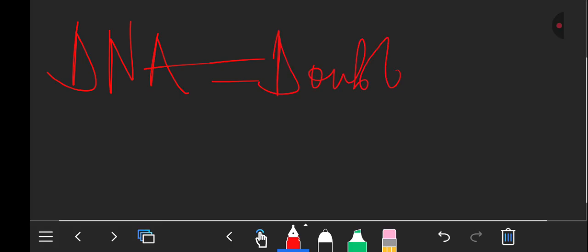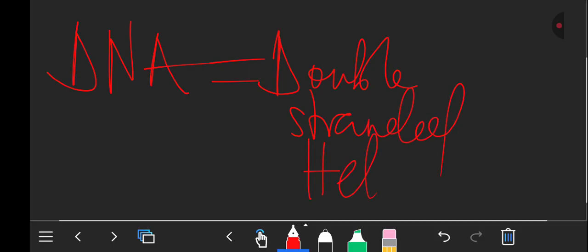So let's continue now. We need to understand one important thing here. What we need to understand is that this DNA we've been talking about is a double-stranded molecule, okay? Or should I say helix? It's a double-stranded helix.